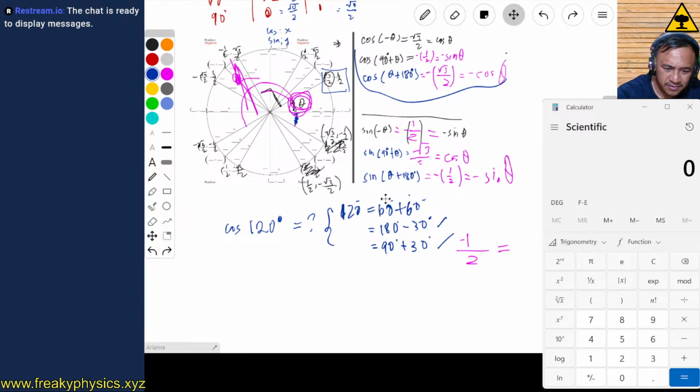So you just want me to rewrite it? Yeah, rewrite it like that. Cosine of 120 degrees is equal to something, one of these, right?